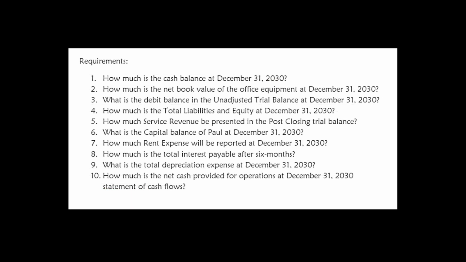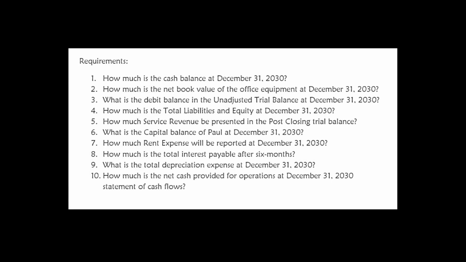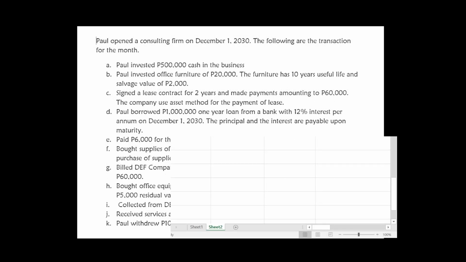How much is the rent expense to be reported at December 31, 2030? So, balik tayo sa given. We have here signed a lease contract for 2 years and made payments amounting to 60,000. So, yung rent natin, 'di ba? Yun yung question, rent expense, okay? Pero yung ginamit natin is asset method.